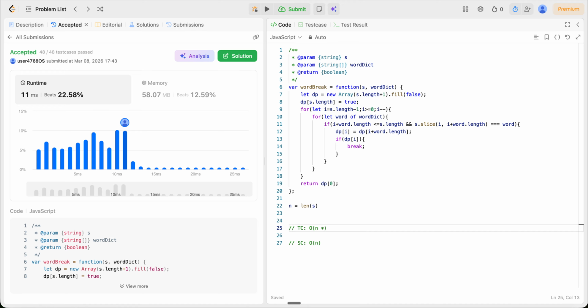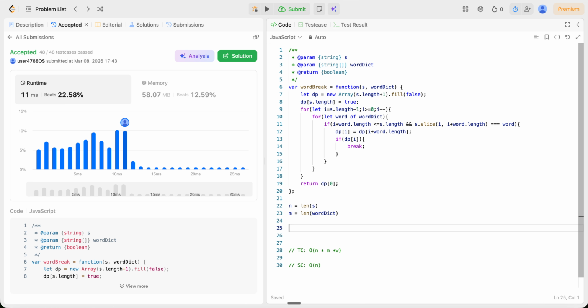So let's consider the number of words as m, right? And then we are also matching the substring with the word, so it will take some w time, considering w as the max length of a word in the dictionary, right?